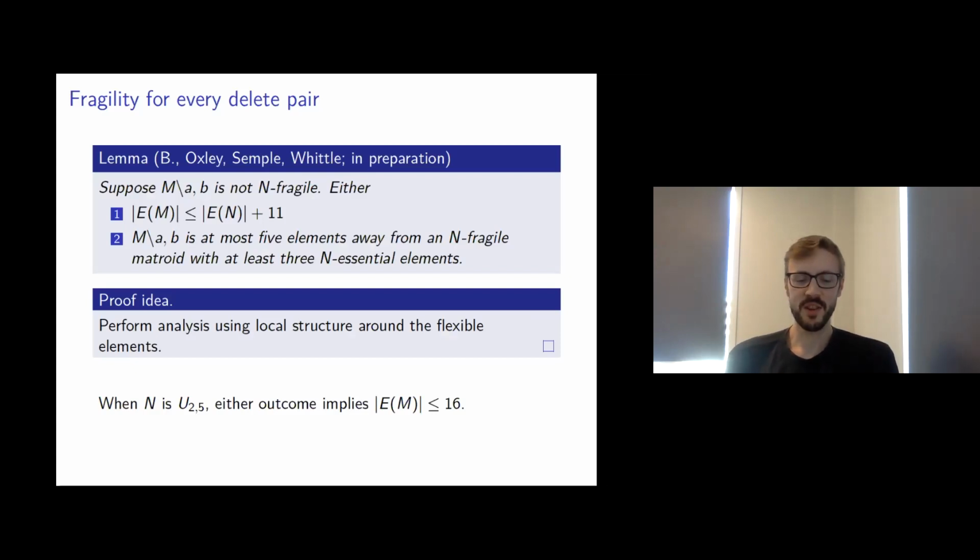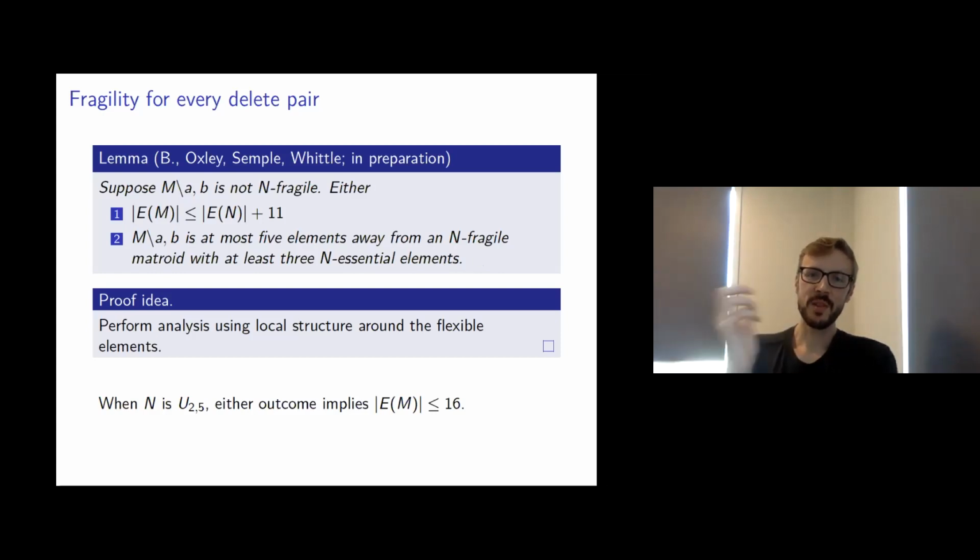And what we can show is that once you get rid of these up to 5 things, you then get something fragile, but it's something fragile that has at least 3 essential elements. Okay, so for U2,5-fragile matroids, this is telling us that once you get rid of these 5 extra things, you're down to something of size at most 7. So this gives us a bound on the size.